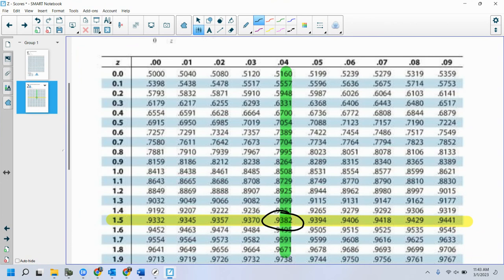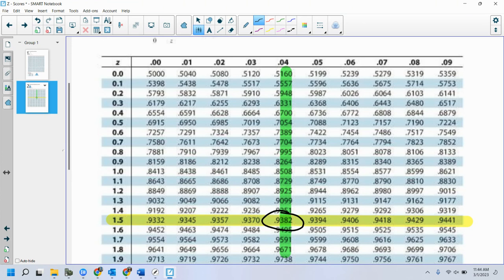Or you can say, if I randomly pick a student's value, they're going to be ranked above 93.82% of the other people that took that test.